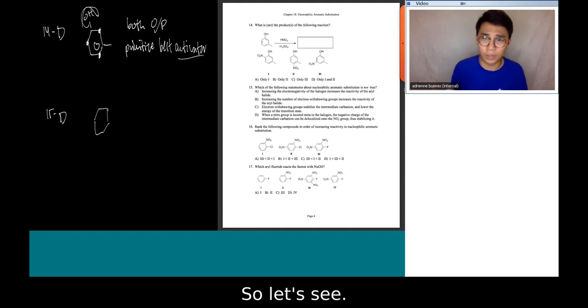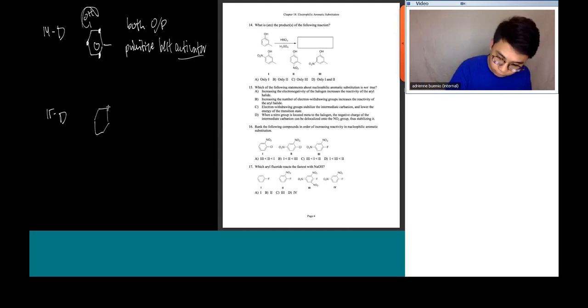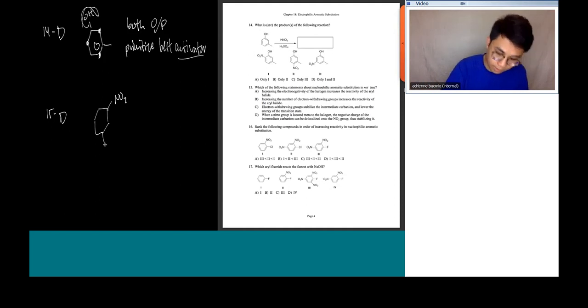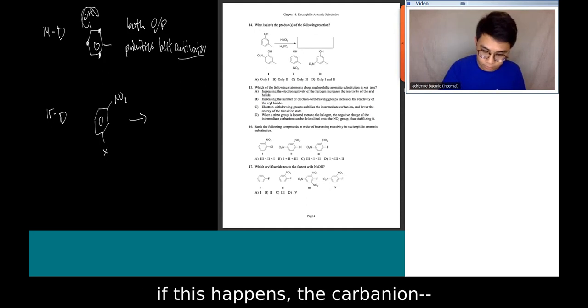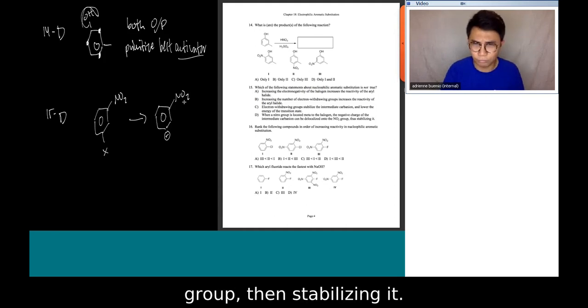We have here a nitro group, so NO2 is located meta to the halogen, X. They're saying if this happens, the carbanion can be delocalized onto the NO2 group, thus stabilizing it.